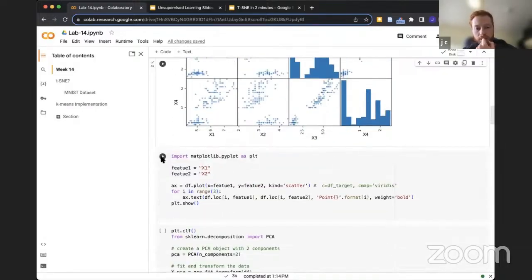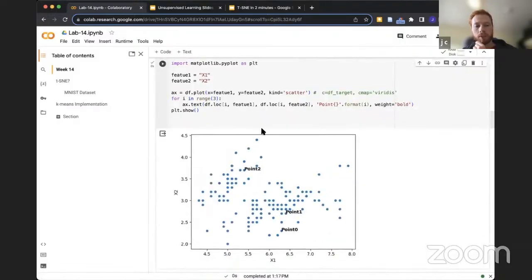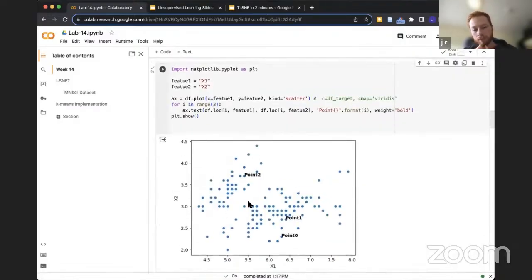Now let's look at the scatter plot of X1, X2 separately, and just look at three random points. How close are the points to each other, and would you guess they are in the same cluster?